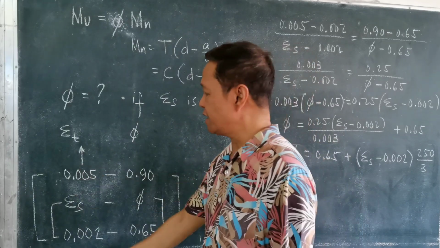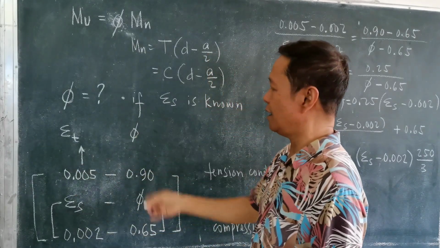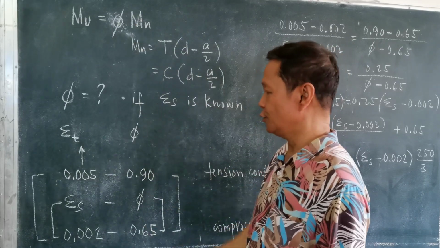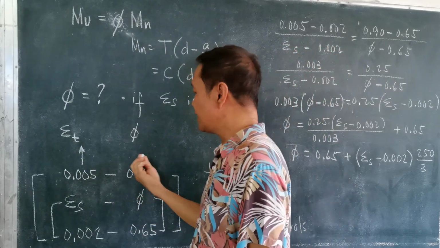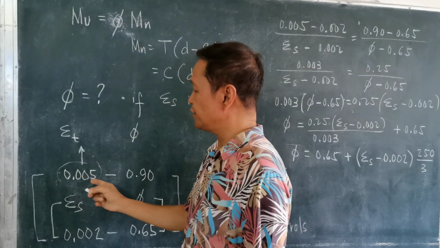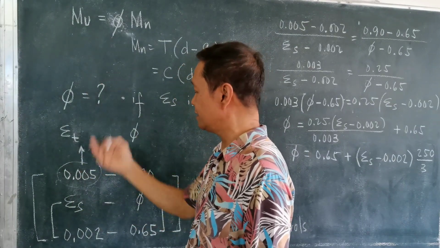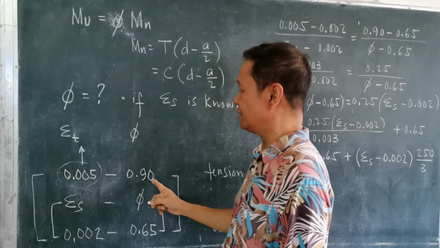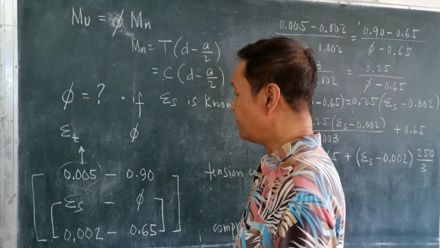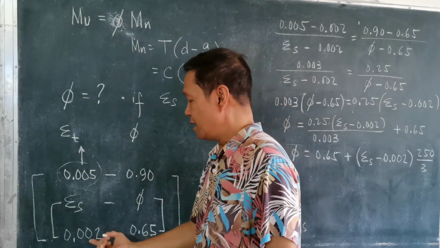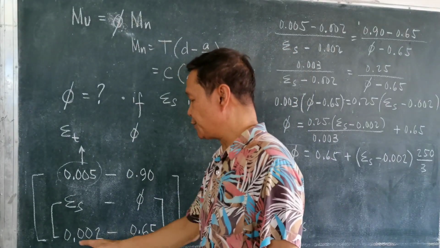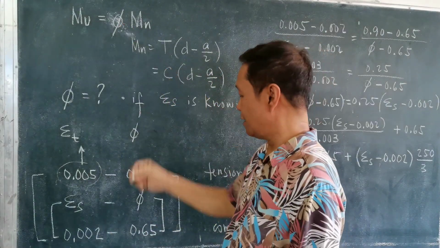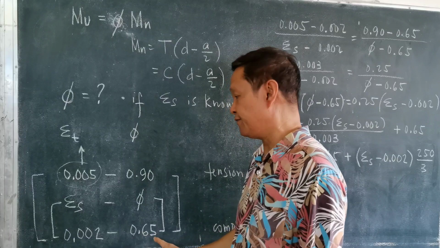If this is the strain column and this is the reduction factor phi column, you notice that if the strain is 0.005 and up or higher, the value of phi is always equal to 0.9. And if the computed strain is 0.002 or lower, the phi value there would already be 0.65.